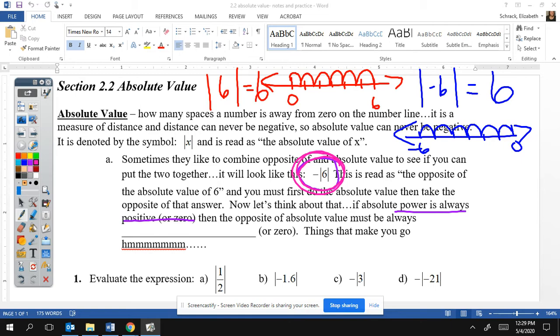So that negative sign outside of it, or the opposite, means that if there's a negative outside the absolute value, the answer is always going to be negative. It is funky, so let's just dive into some examples, and you can see what this means.